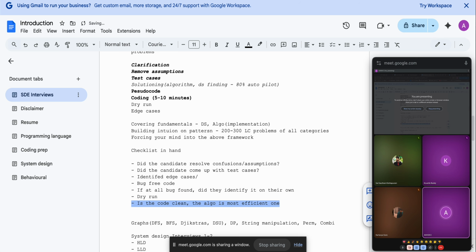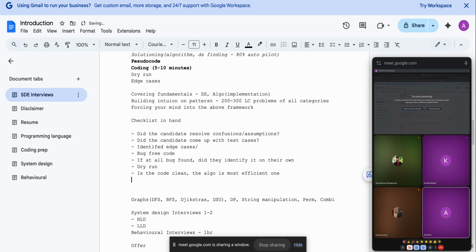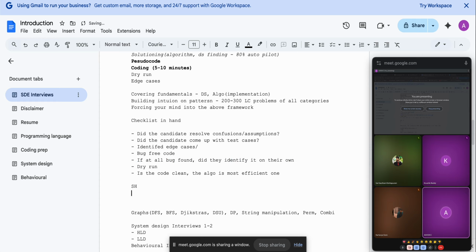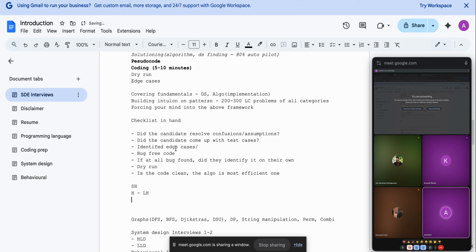So they have all these checklists. They need to check. If they check all these boxes, then you'll be given strong hire. If you miss one or two of these things, probably you'll be given hire or lean hire. If you don't hit most of these checkboxes, you'll be given lean no hire or no hire.